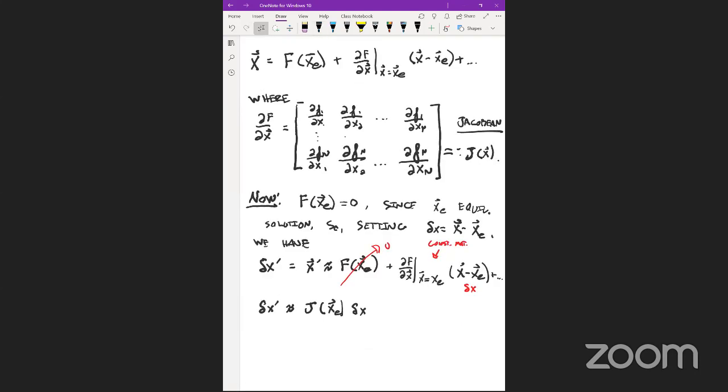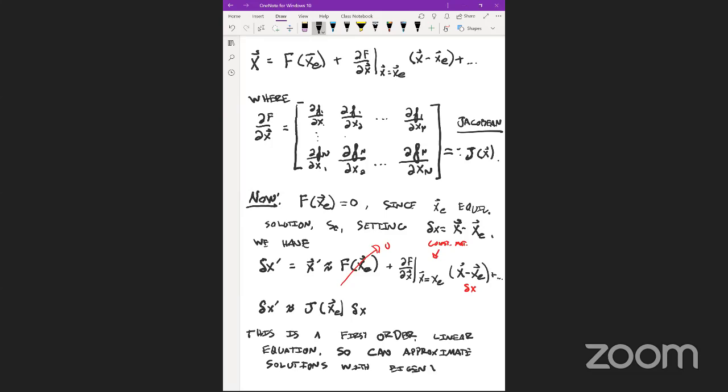Okay, so great. So this is a first order linear equation. And what that means is that we can analyze the behavior using the eigenvalues and eigenvectors.